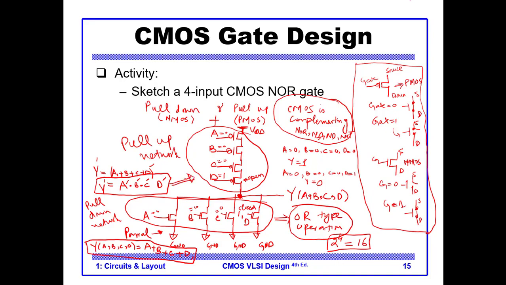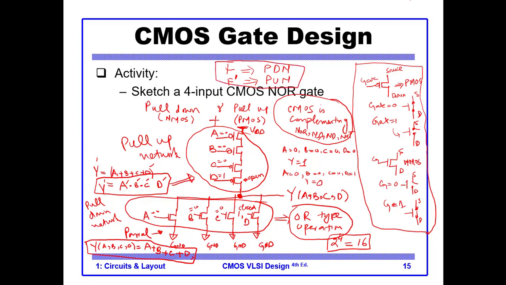So what this means is every CMOS gate will have F connected in the pull down network, and it will have F bar connected in the pull up network.